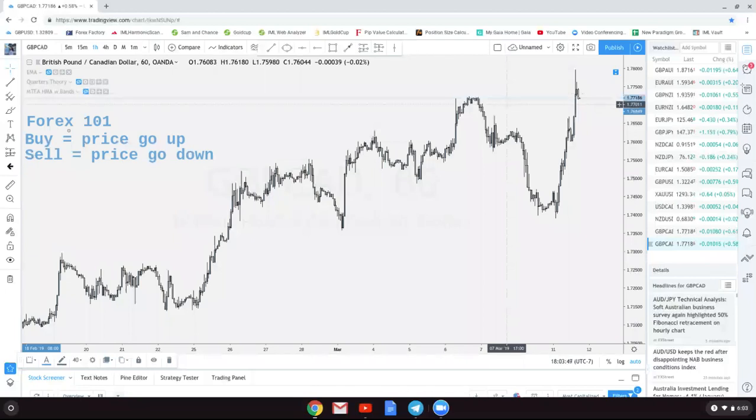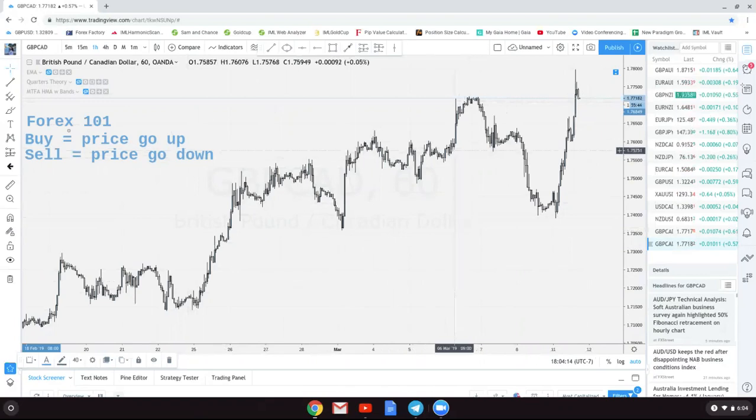So all we are doing is identifying the perfect entry points in the market. As you can see here, it's pretty obvious. We would want to buy here at the valley of the mountain, at the bottom, right here, buy. And if price is going in that direction, which it did right here, goes up, then we are in profit. Makes sense, guys? So far, it's pretty simple.